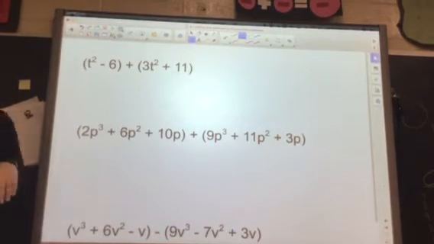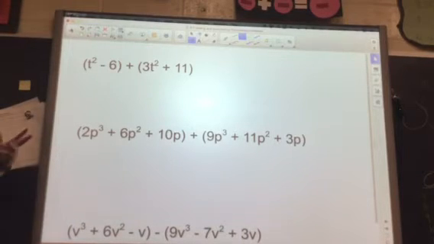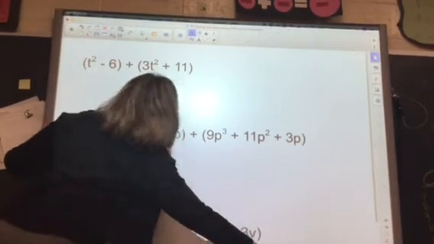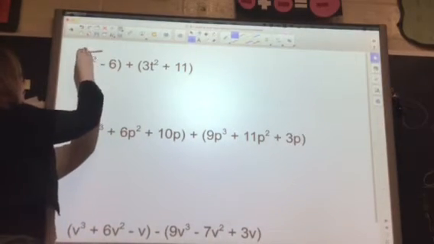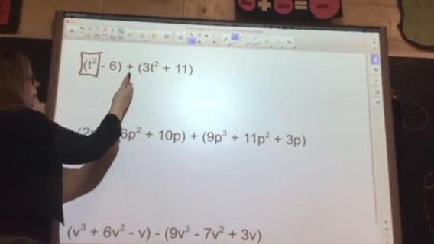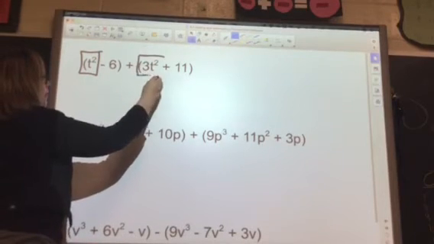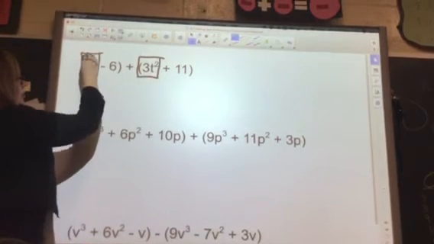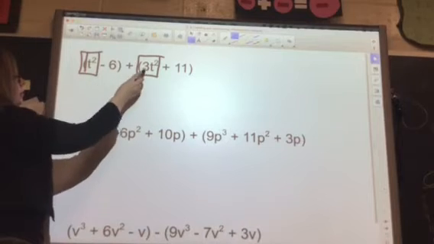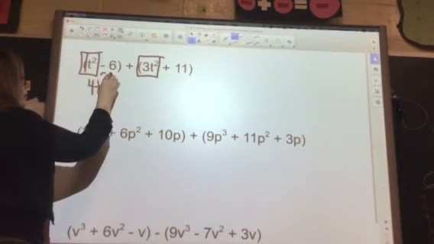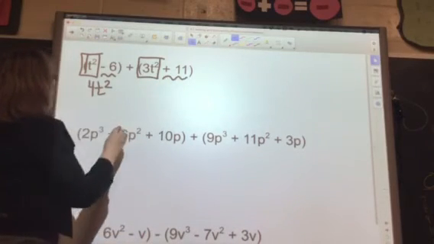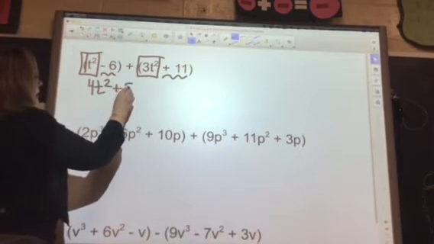Sometimes you're going to have to add or subtract polynomials. Adding polynomials is just combining like terms. The parentheses are there to throw you off. Don't let it throw you off. So there's an imaginary 1 in front of here. 1 plus 3 is 4. So I have 4t squared. Negative 6, a positive 11 becomes plus 5.